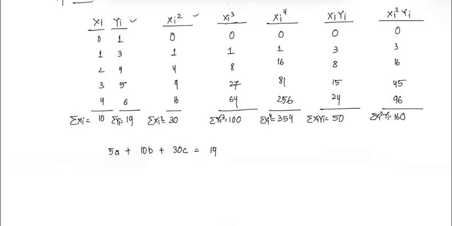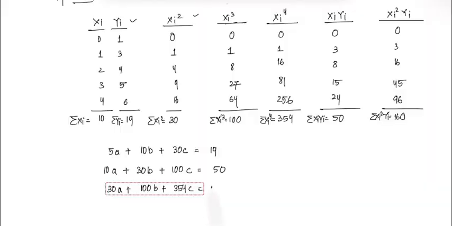Then a times the sum of xi, which is 10, plus b times the sum of xi square, 30, plus c times the sum of xi cube, 100, equals the sum of xi yi, which is 50. Next, 30a plus 100b plus 354c equals 160.